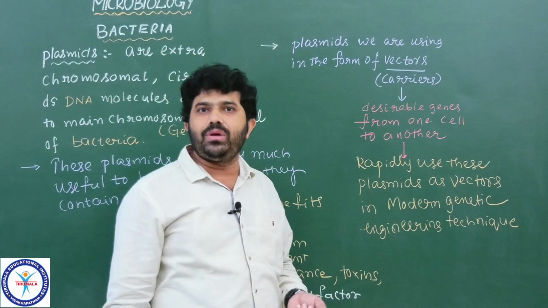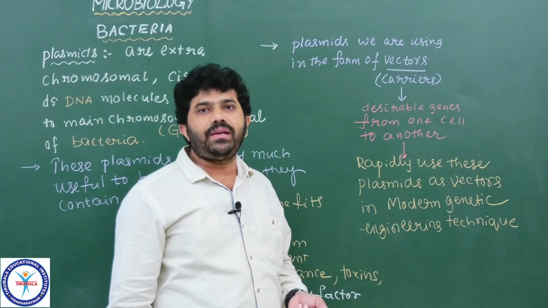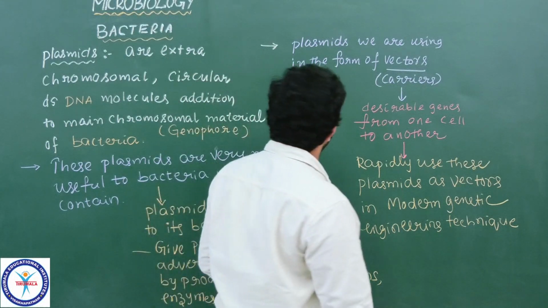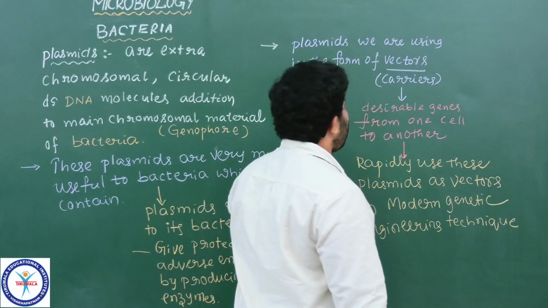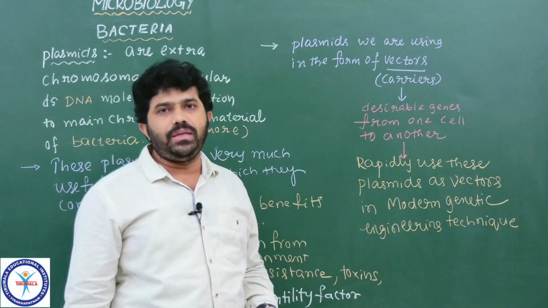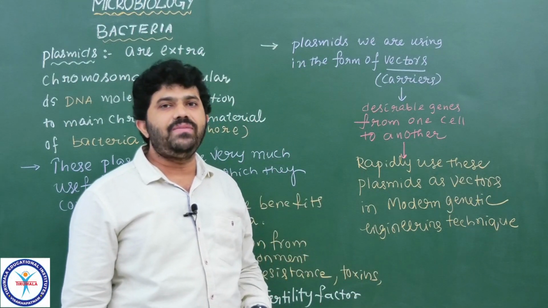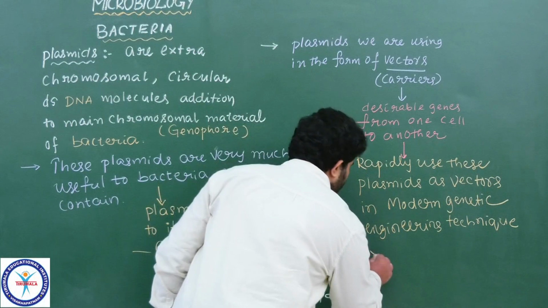for producing more and more desirable genes for expression of required characters. Now got the point? These plasmids do not harm the bacteria in which they are present. It is also a very important point.